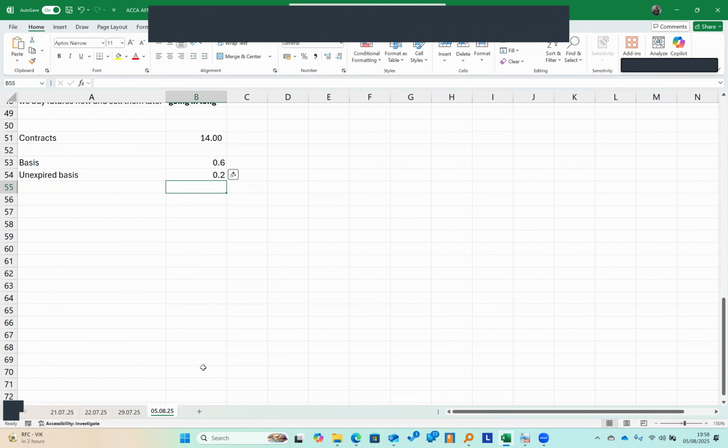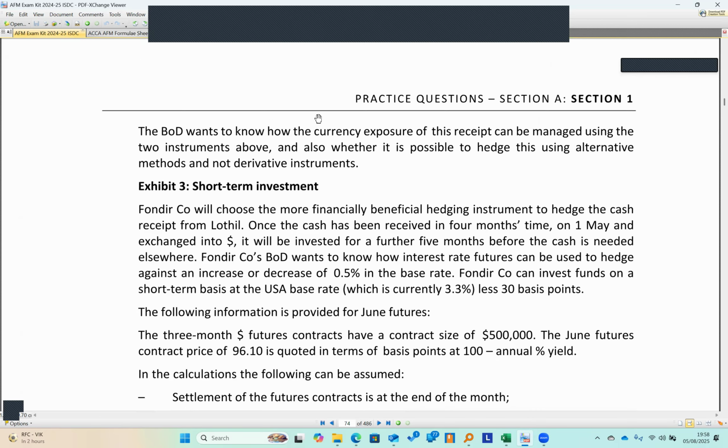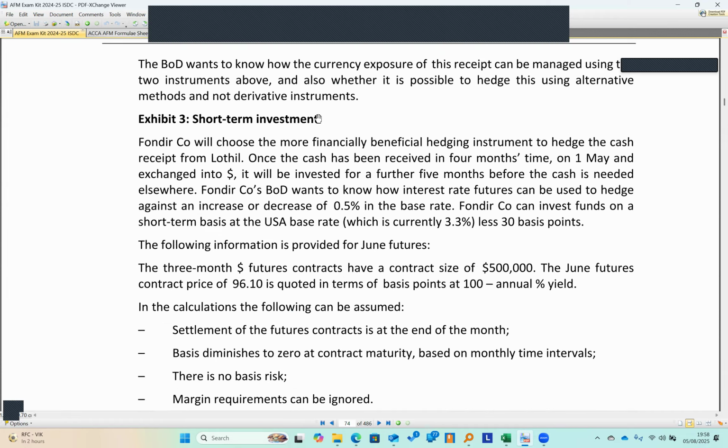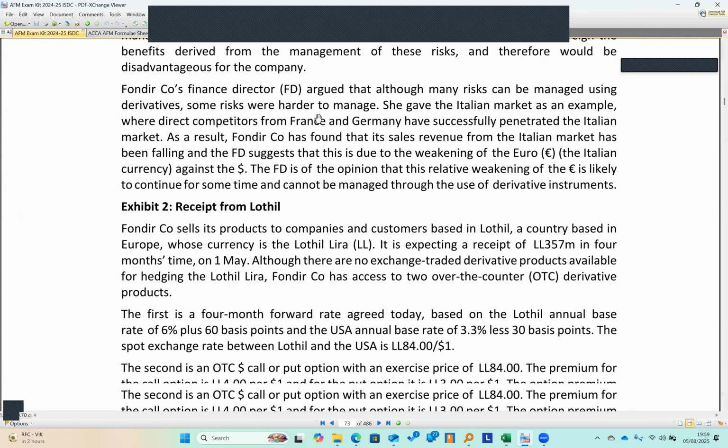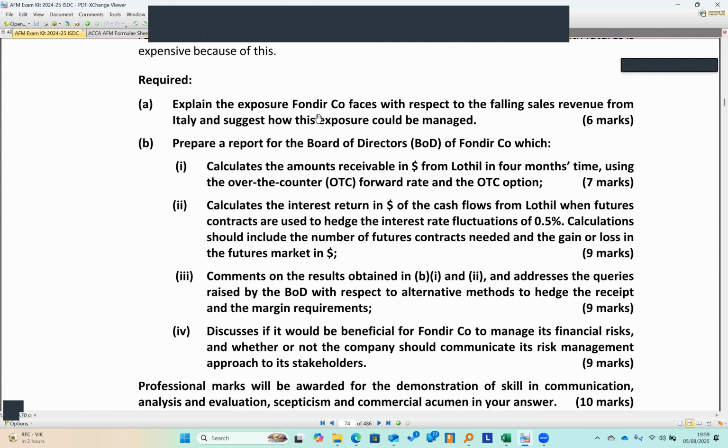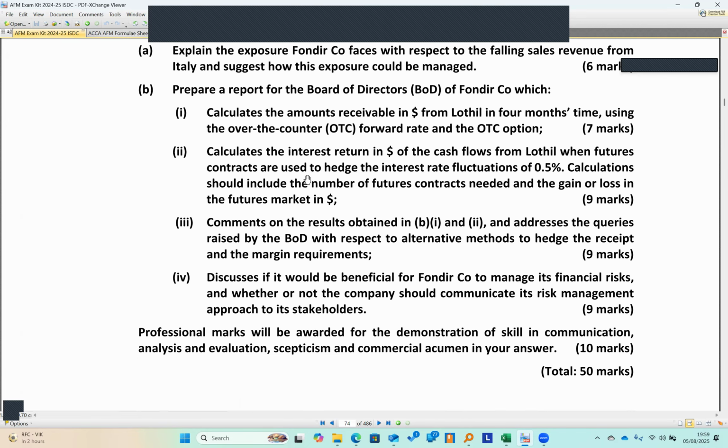Now, we have 2 options because they told us to calculate for when interest rates increase or decrease by 0.5.